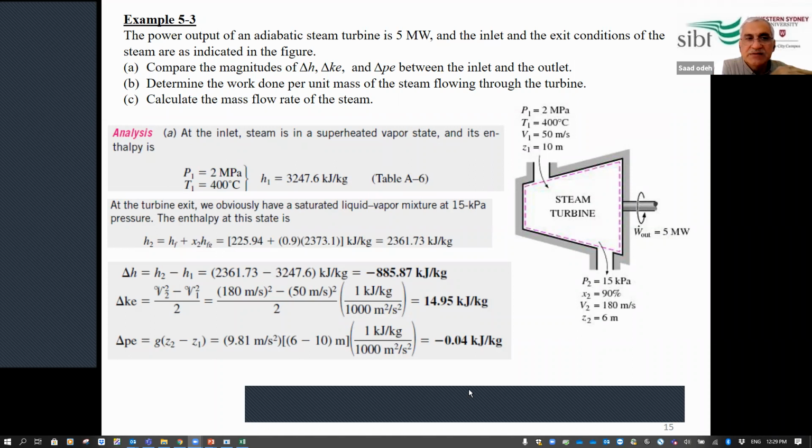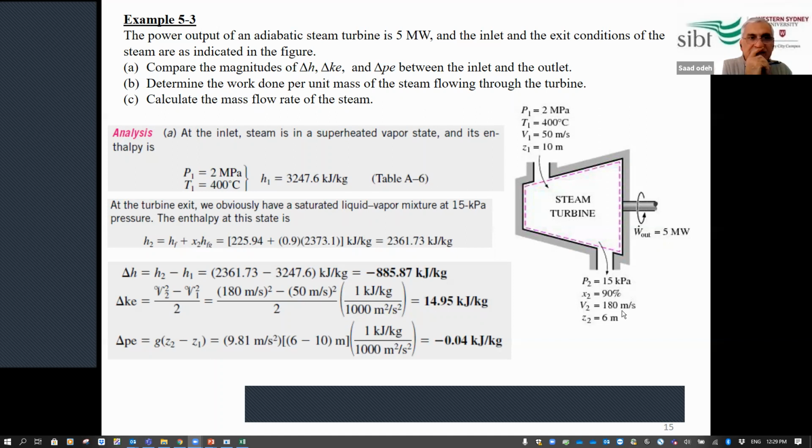In the power plant, we produce steam, and the steam can be directed to steam turbines to produce work, and then this work can be used to rotate generators and produce electricity. So this is a good example for us to practice.